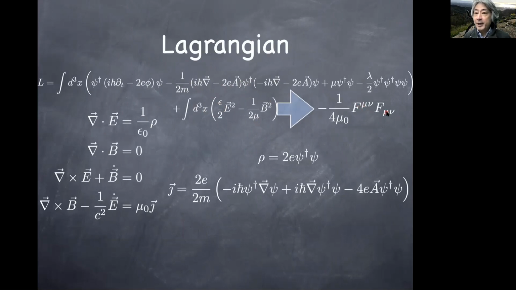Once again, I need to make sure I contract indices between upstairs and downstairs to be consistent with relativistic invariance. We know what F_mu_nu is, and if you bring mu and nu downstairs, it changes the sign of the spatial component. As a result, F_mu_nu F^mu_nu turns into E squared minus c squared B squared. So the full Maxwell Lagrangian is just the single term F_mu_nu F^mu_nu.